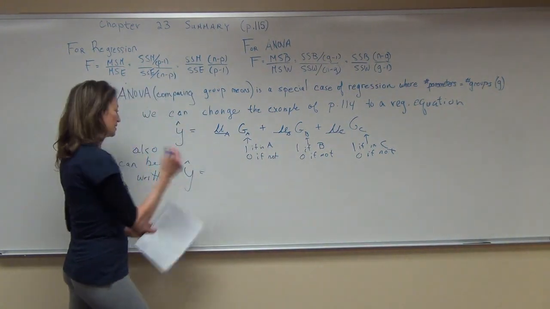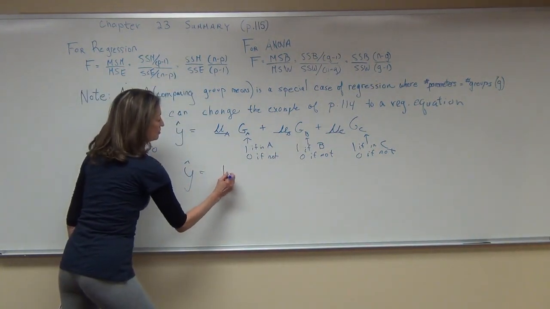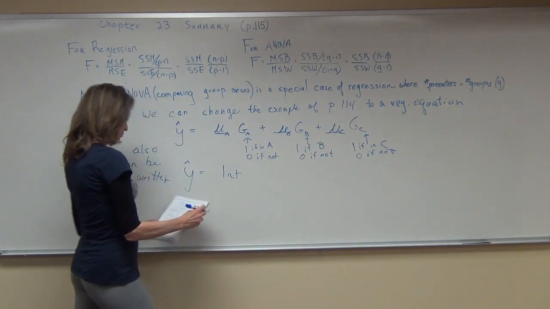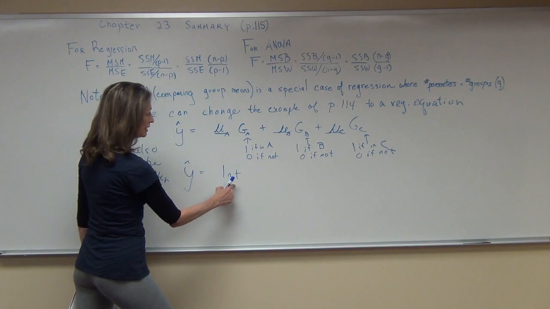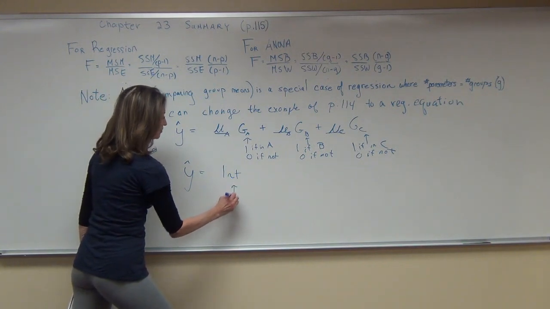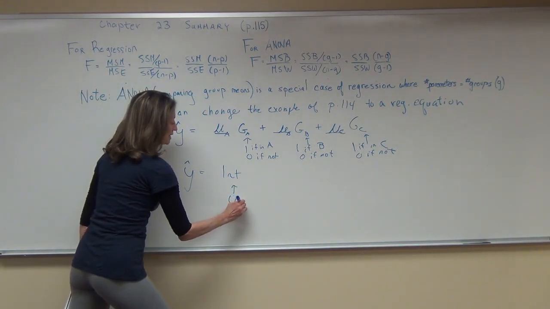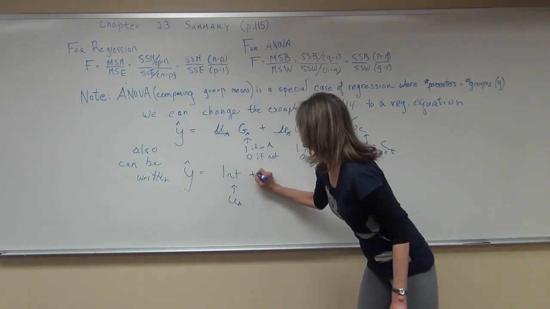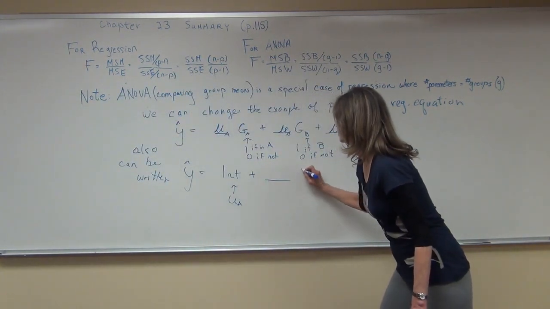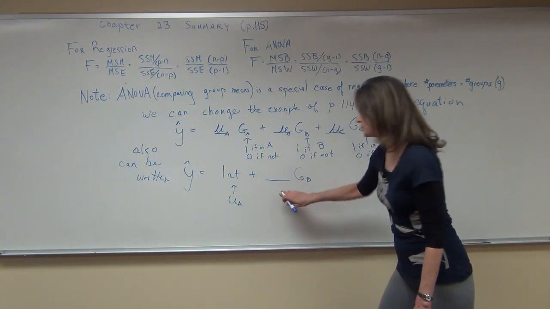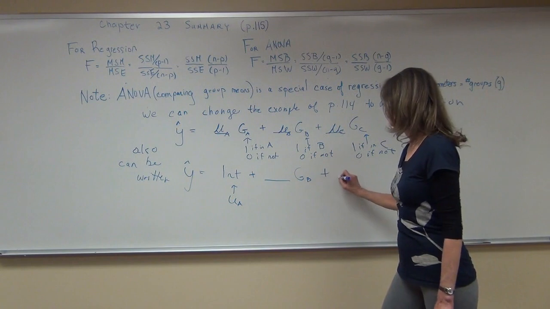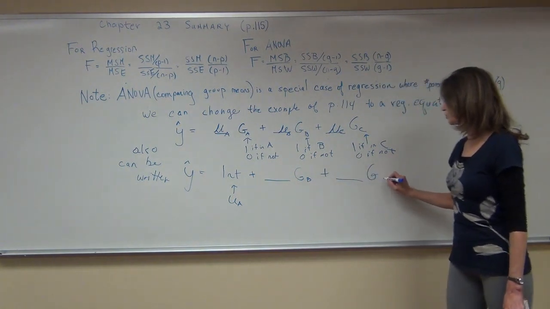So that would be our intercept, right? And we'd put in here the mean for group A. Then again, we'd have a slope for group B, 0, 1 again, and a slope for group C.